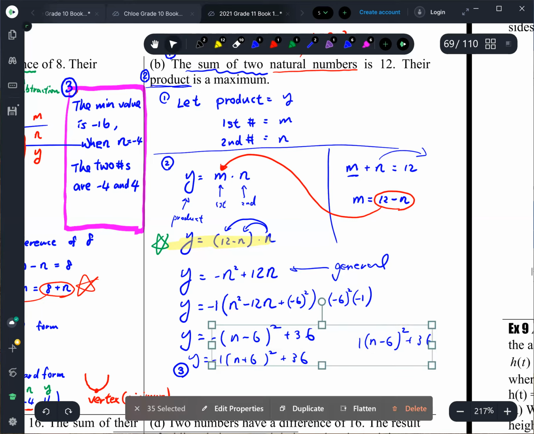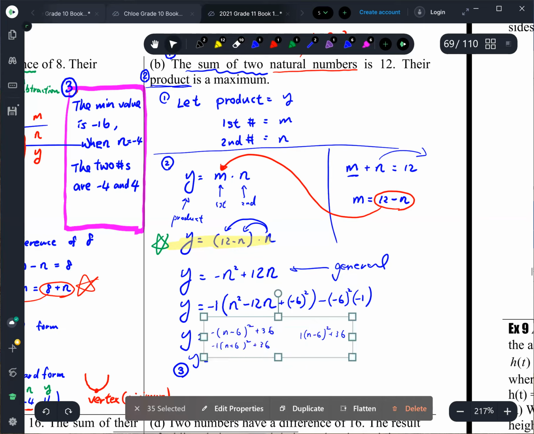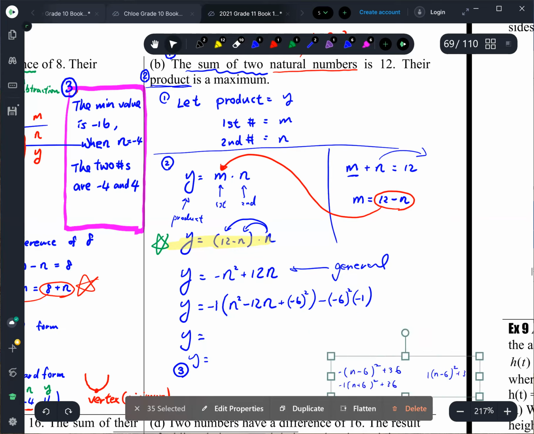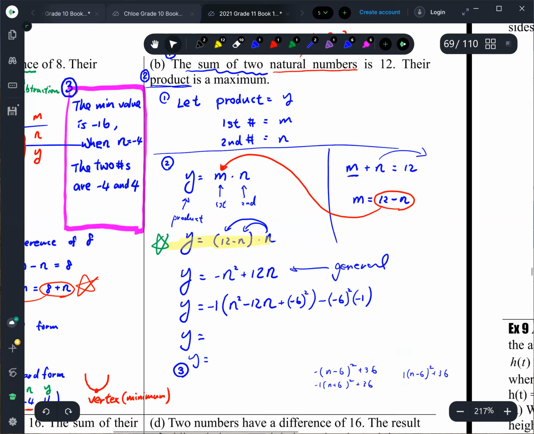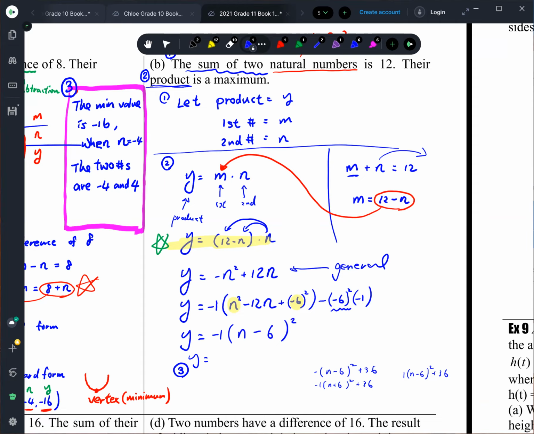Let's move that away first. Okay, so now we grab the first one and the last one, put it in the bracket, okay? So it should become -1 on the outside and -6 bracket square on the outside. Follow the order of operation, that should be 36.